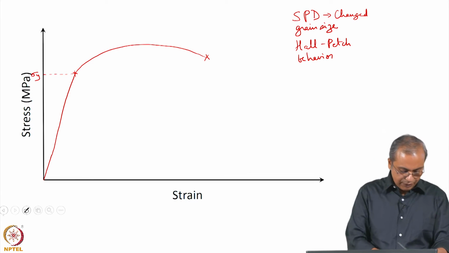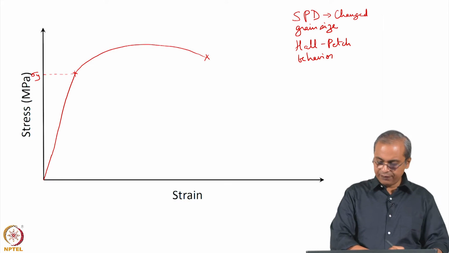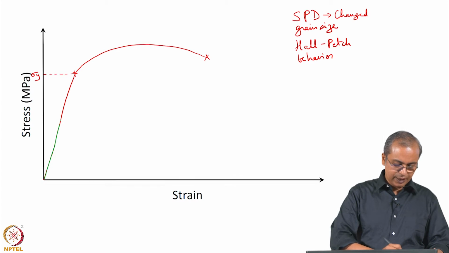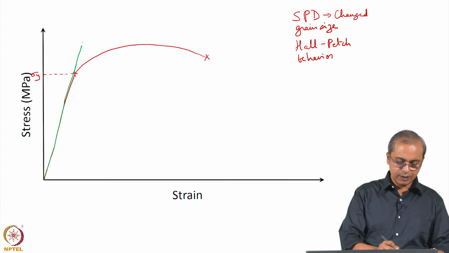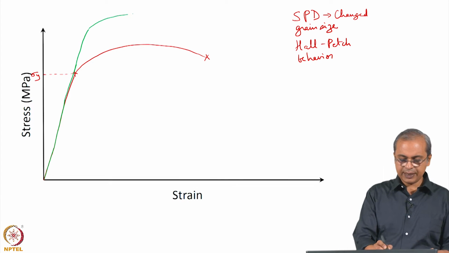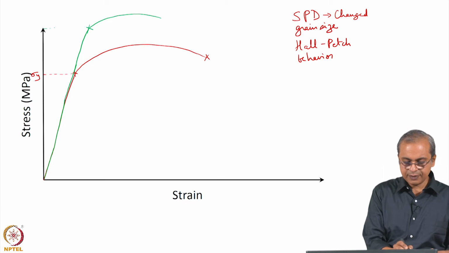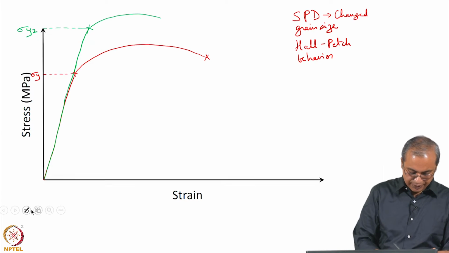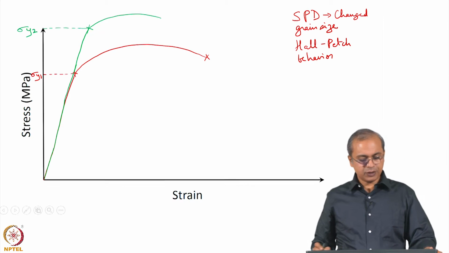Okay. So, if the system is following Hall-Petch behavior, then after you have done severe plastic deformation, you will see its behavior look like this, and something like that, right. So, now its yield strength will be like this. So, if we call the original one sigma y1, it now becomes sigma y2. So, it has gone up.